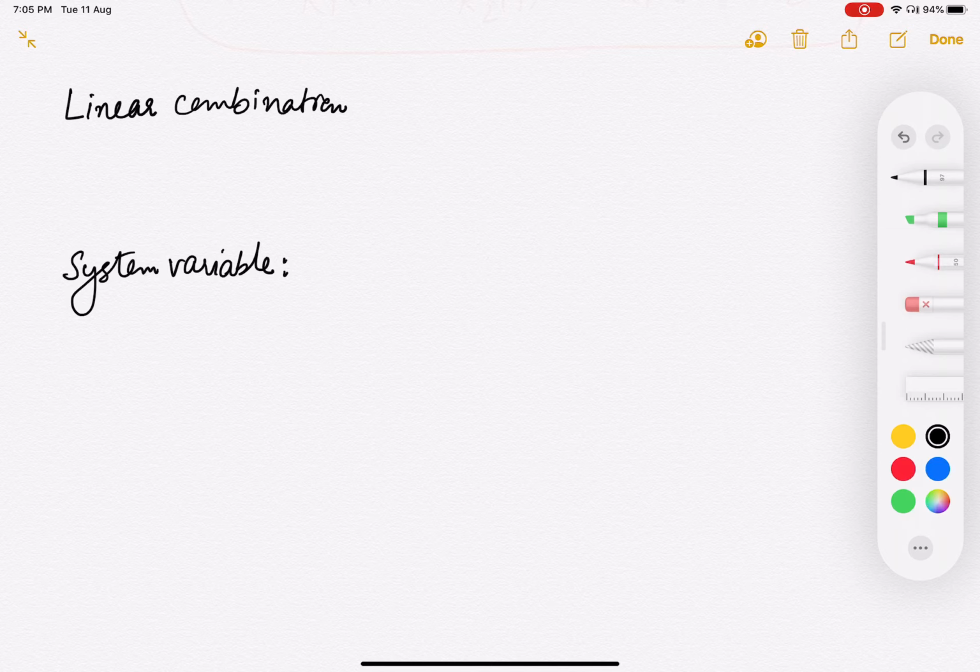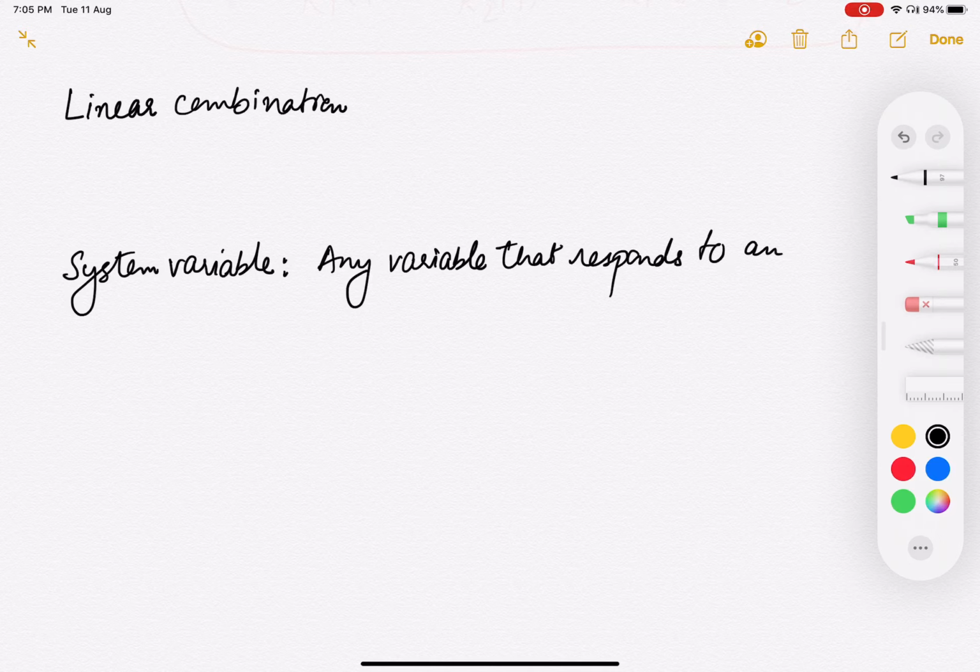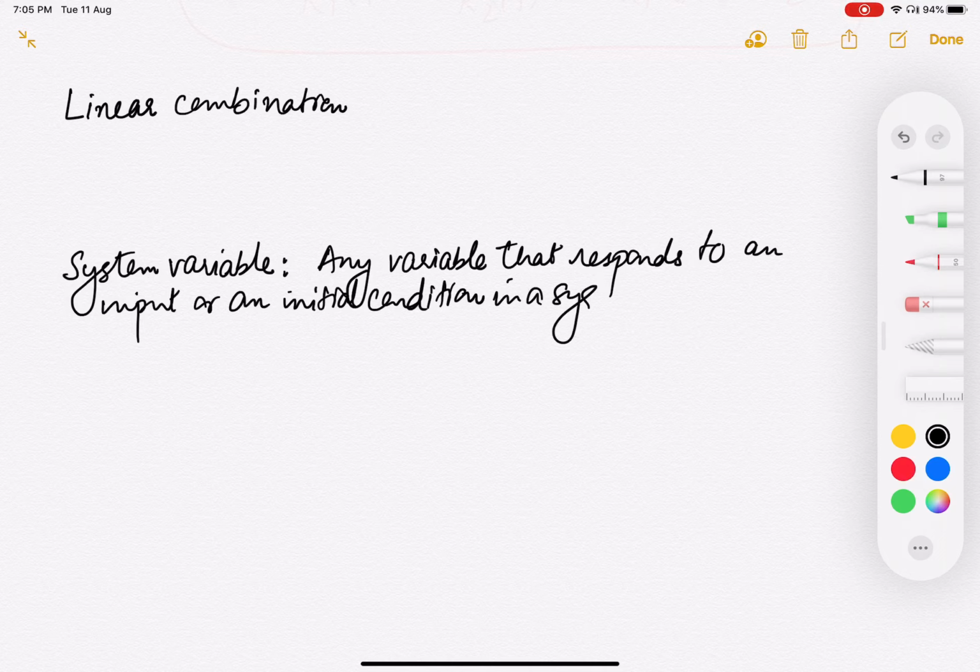Any variable that responds to an input or an initial condition in a system is called a system variable.